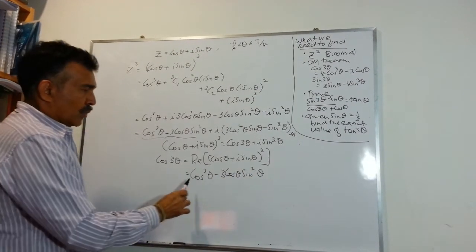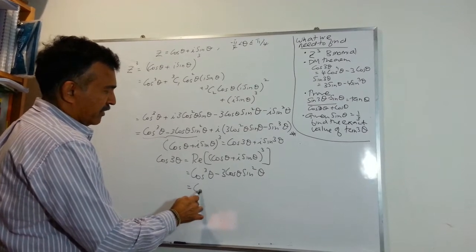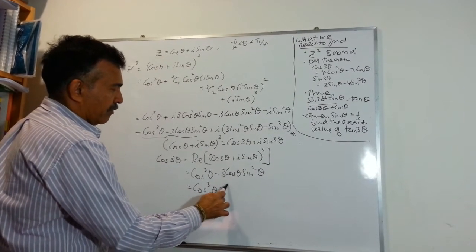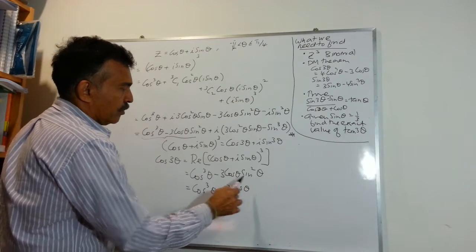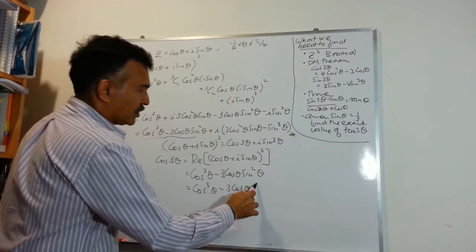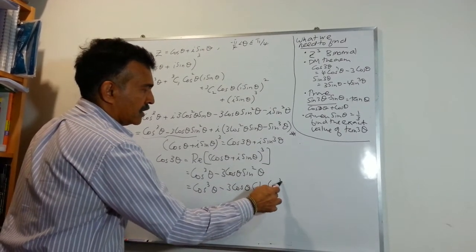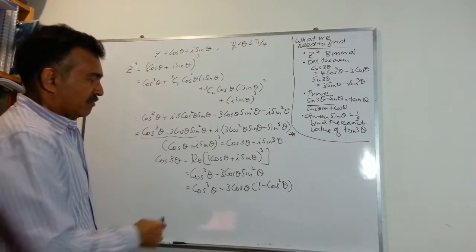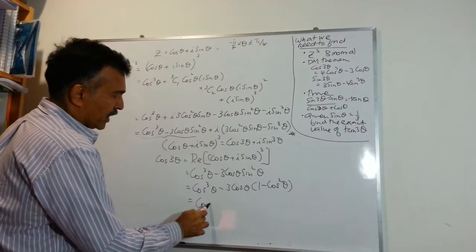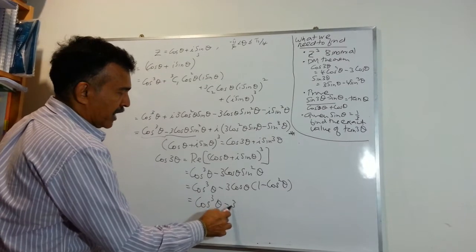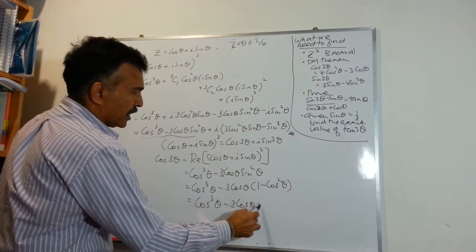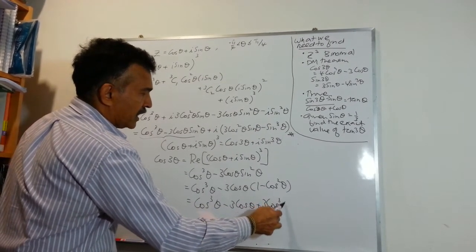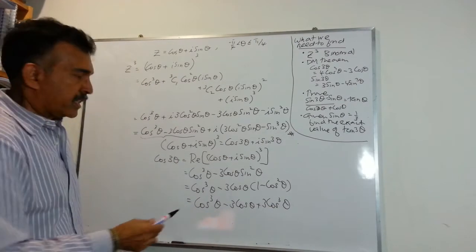Okay, so let's clean this up a little bit. I have cos cubed theta minus 3 cos theta times sine squared theta. What is sine squared theta? 1 minus cos squared theta. So, cleaning up your terms, let me write one more line so that all of us can see it. Minus 3 cos theta plus 3 cos cubed theta, and you'll get the identity that you want.